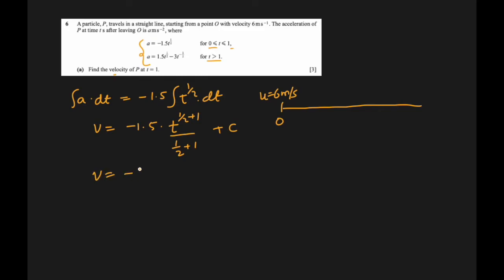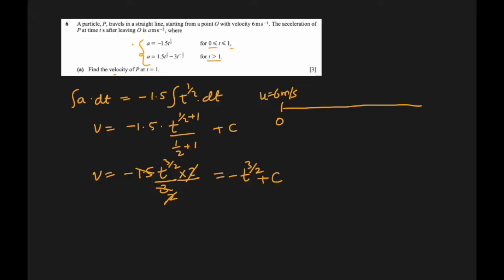It is equal to minus 1.5 t to the power 3 over 2 divided by 3 over 2. Denominator of a denominator becomes numerator, so this times 2 and this 2 cancels. So the answer is minus t to the power 3 over 2 plus c.